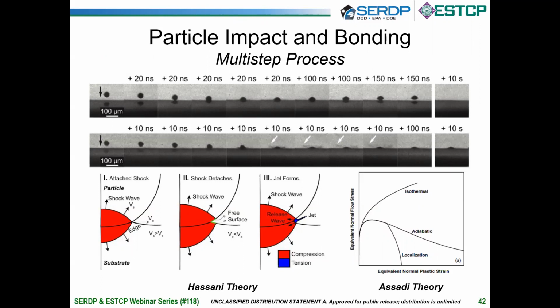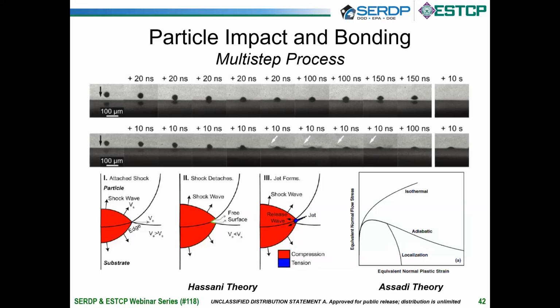And you can see that the particle in these time steps along the image hits, impacts, and then begins to rebound. In the second, you can see that the same particle now impacts, but as it's impacting, this is at a higher velocity. As it's impacting, you can see ejection from the interface, and then the particle stays in place.